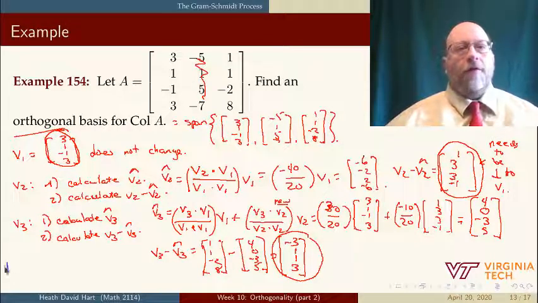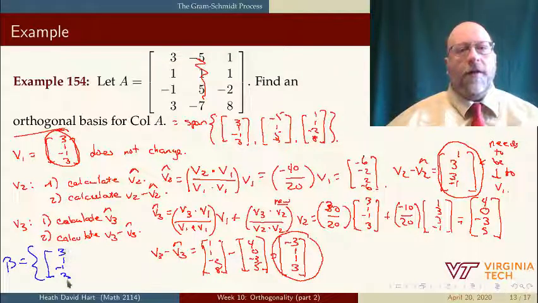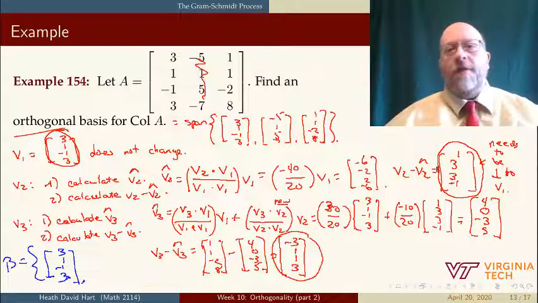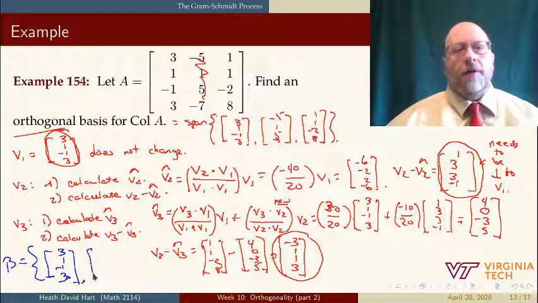And so the question was to find an orthogonal basis for column space of A. We have that answer. Our basis is the first vector, which did not change, 3, 1, -1, 3. And then our repositioned second vector, 1, 3, 3, -1.